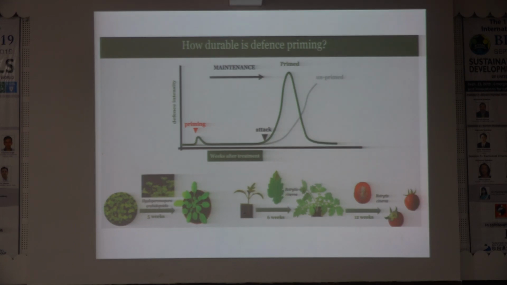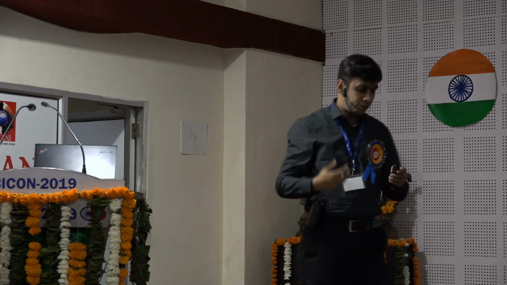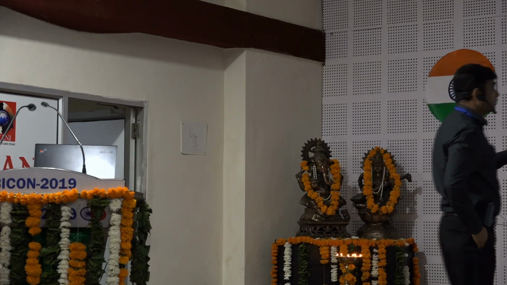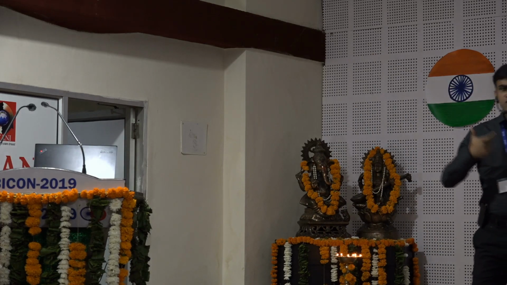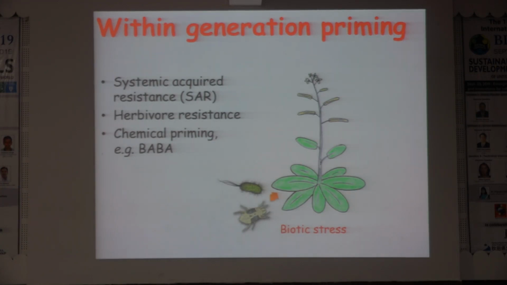So the maintenance of this priming is pretty long, and that's the reason it is very important for exploitation. And that we call within generation priming. You can also use some other compound for the priming. So yes, if the plant is primed, it can be protected throughout the life cycle.